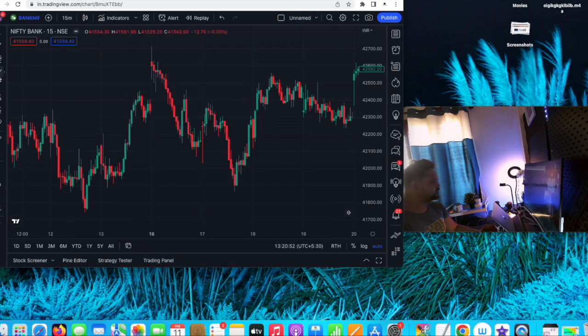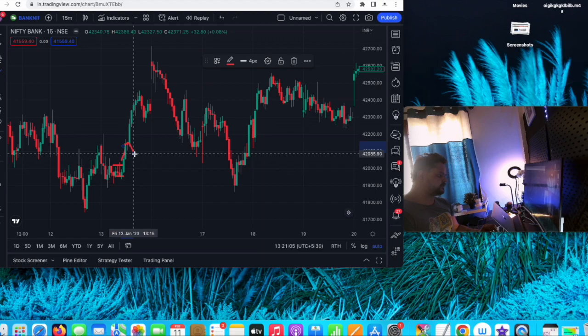So this is what a breakout is. If you see over here, this is a breakout. And most of the traders who love to trade breakouts, they enter around these positions, right?